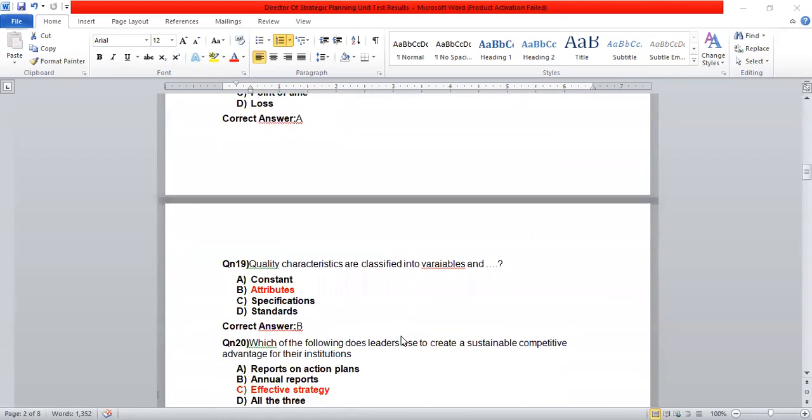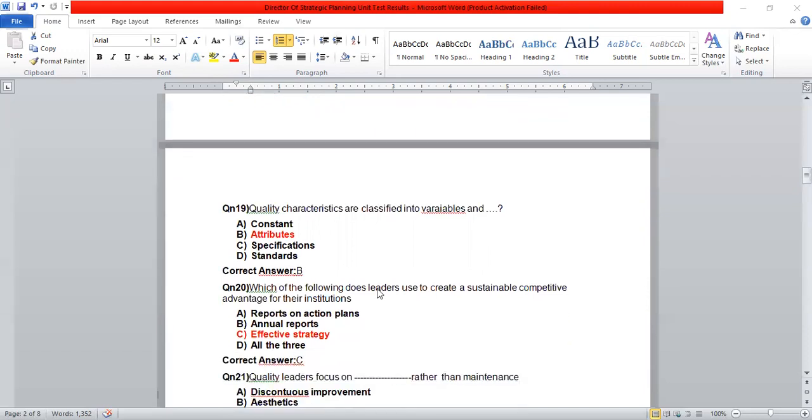Question 19 states that quality characteristics are classified into variables and attributes. The right answer is B.